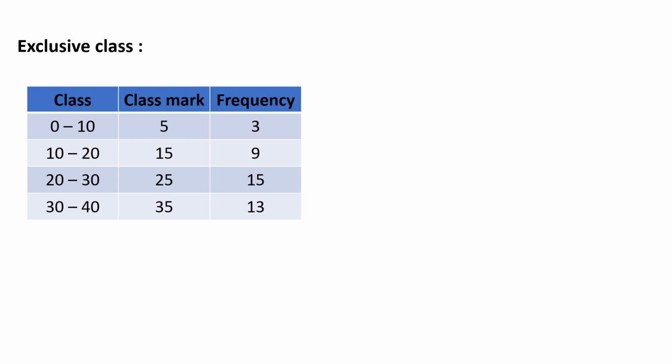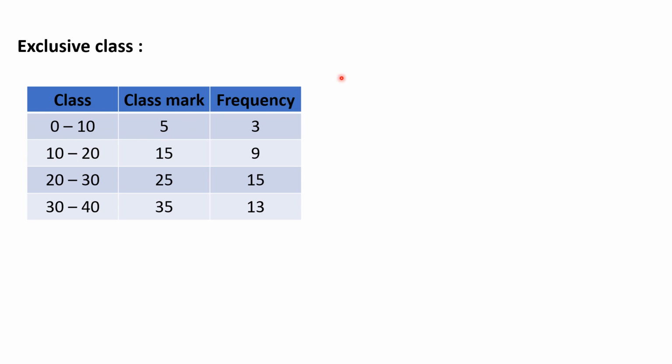In exclusive classes you get continuous classes: 0 to 10, 10 to 20, 20 to 30, 30 to 40. And the class marks will be 5, 15, 25. You can see the class mark is the upper class limit plus the lower class limit divided by 2.